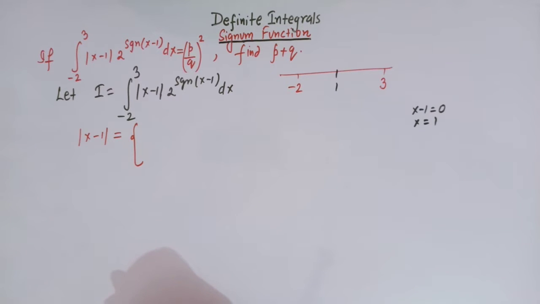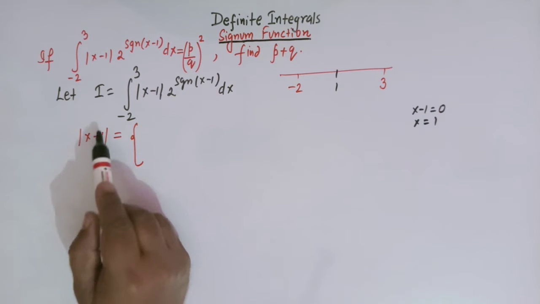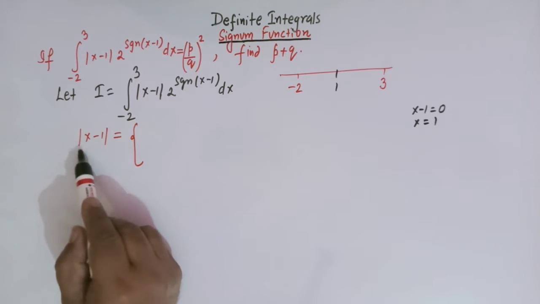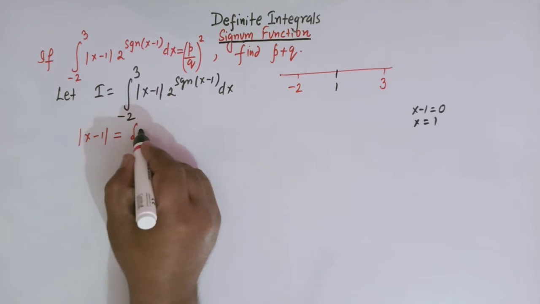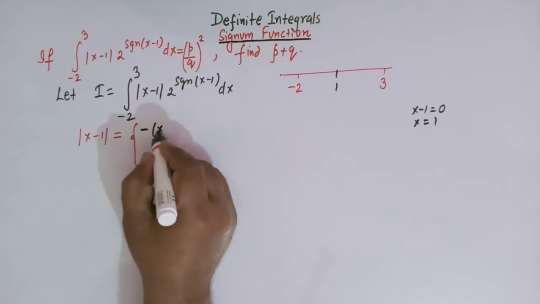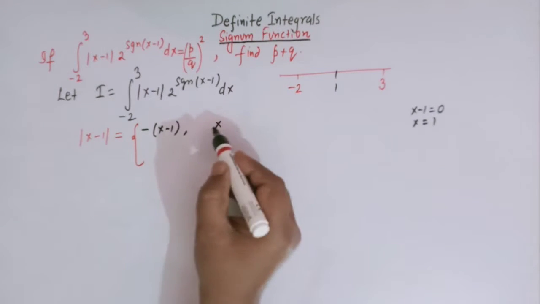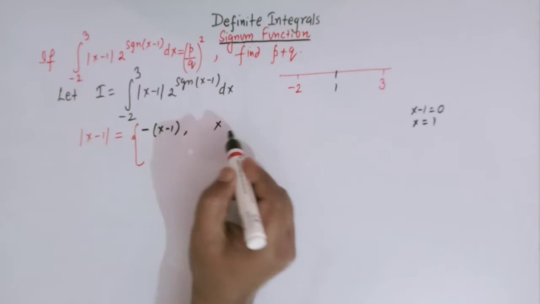So x equal to 1 is the point where we have to break this integral as a sum of two integrals. Now let us decide the sign of this mod function. |x - 1| is equal to negative of (x - 1) whenever x lies between -2 and 1.